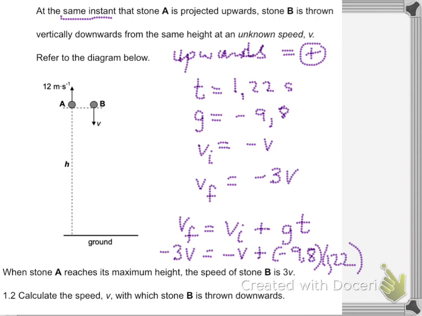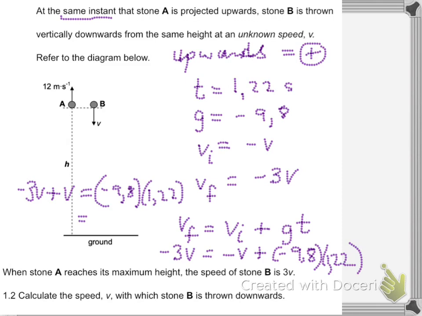Now we can just solve for v. So we have minus 3v, and we have to get v over to that side, so that becomes plus v, is equal to minus 9.8 multiplied by 1.22.